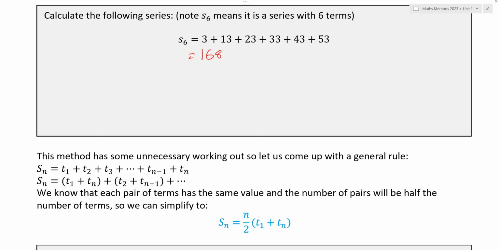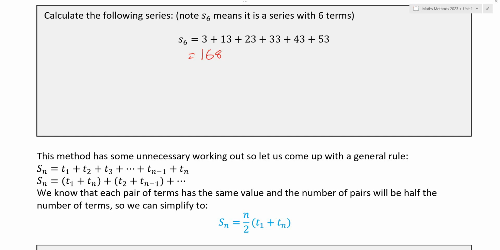Because if you have a sequence where it's going up the same amount each time, the first number added to the last number is going to be the same as the second number added to the second last number. Like 1 plus 100 is 101, 2 plus 99 is 101, 3 plus 98 is 101, and so on.